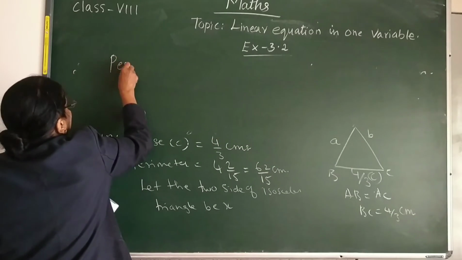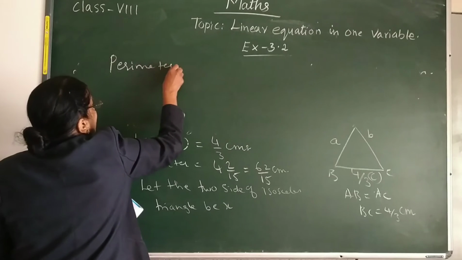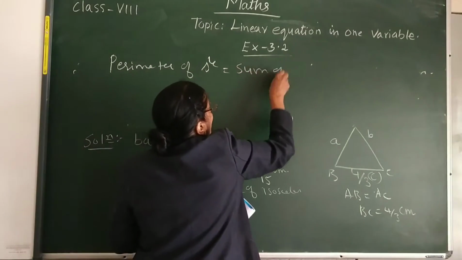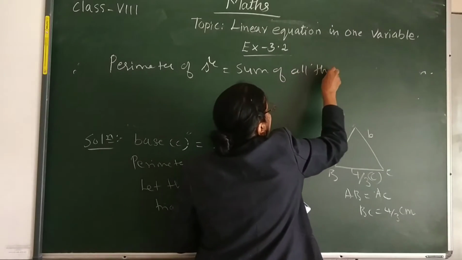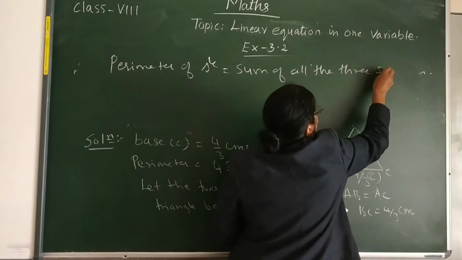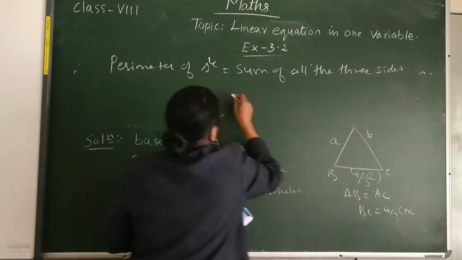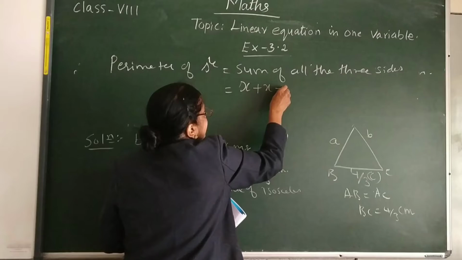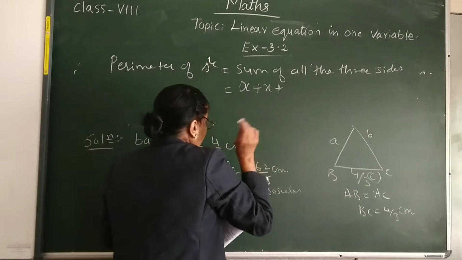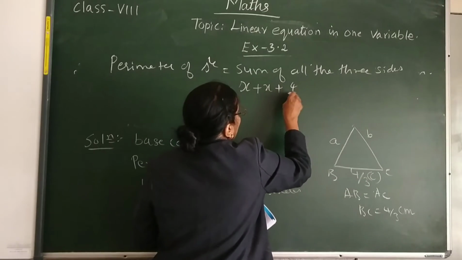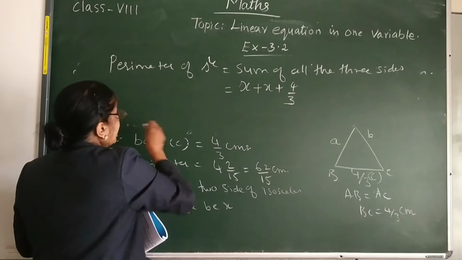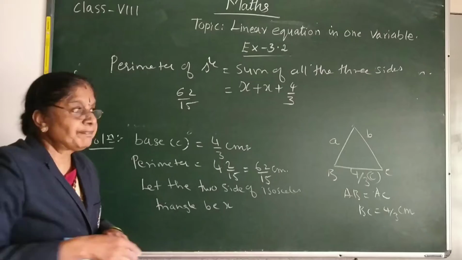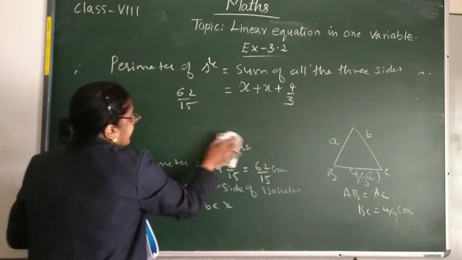So the perimeter of the triangle is equal to the sum of all the three sides. So that is equal to x plus x plus the base, which is given as 4 by 3, and how much is the perimeter given? 62 by 15 is equal to x plus x plus 4 by 3.